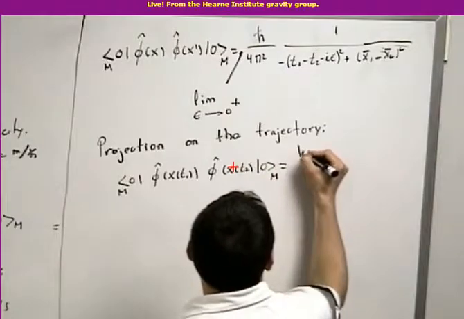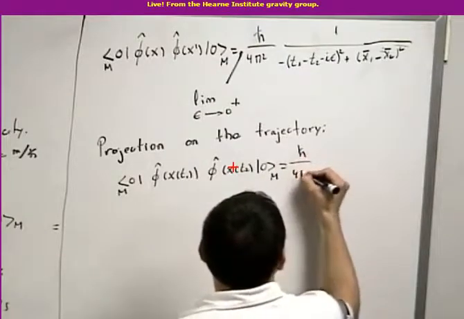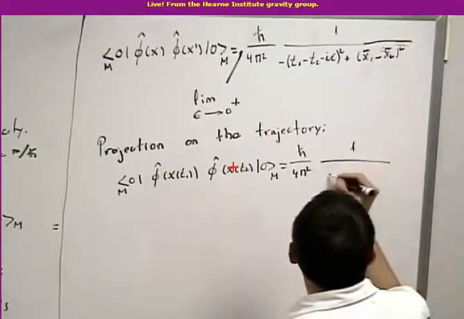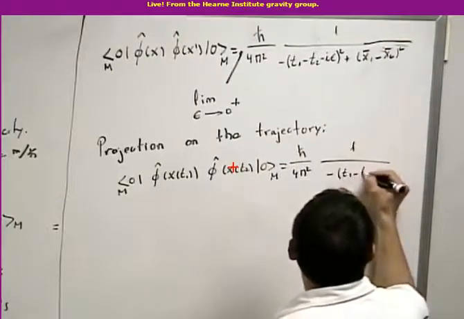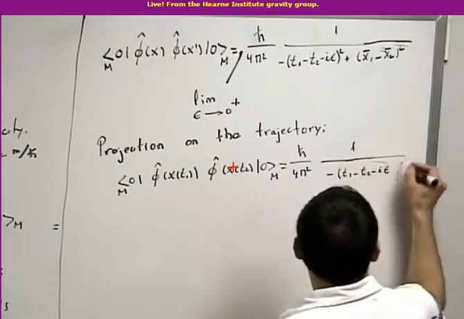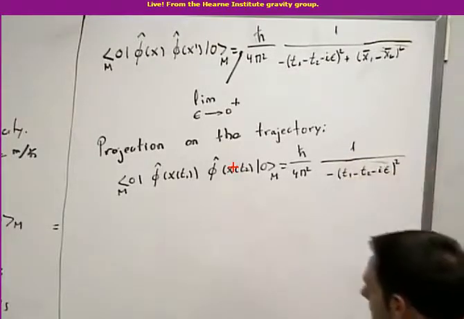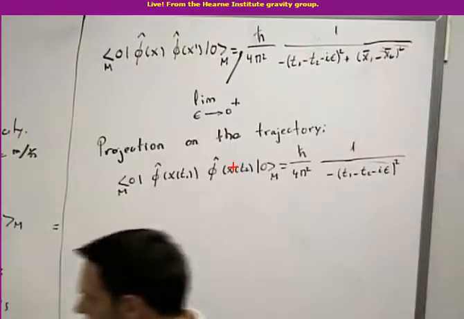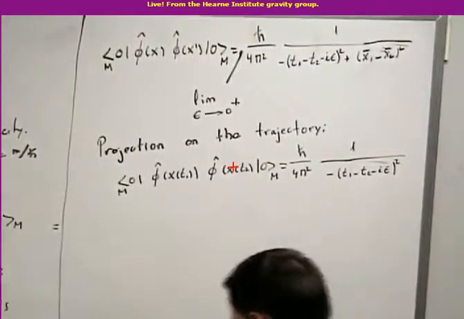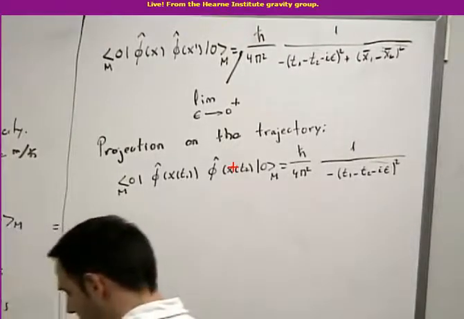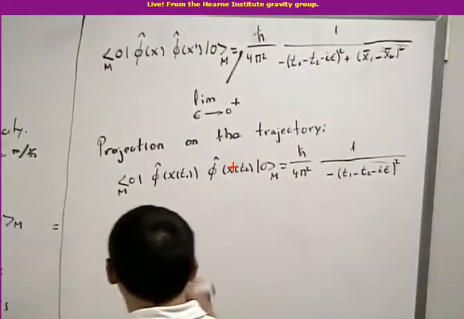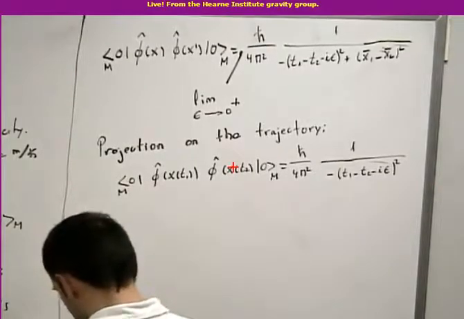There is always the limit, but I don't write it anymore. So this is the projection on the trajectory trivially. Okay, I have all the ingredients that I know I need to compute what I want. So let me start computing.